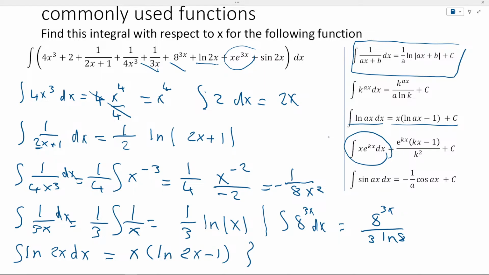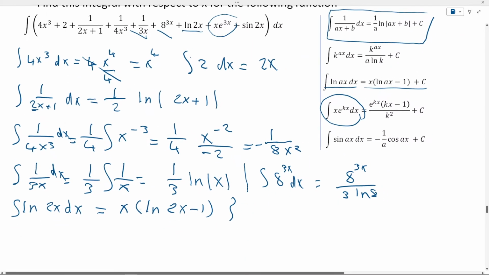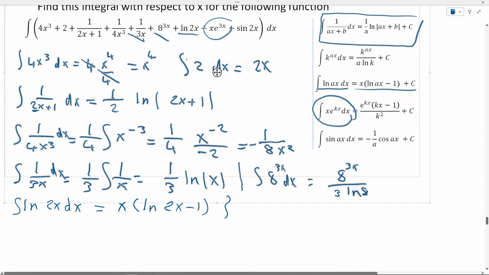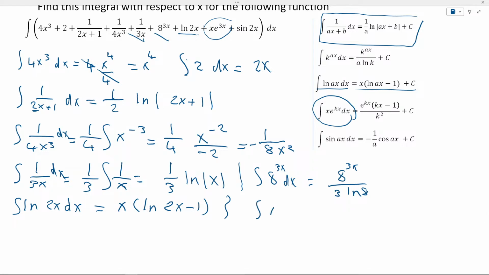Okay, so let's do this a little bit smaller. I can get some space here. Let's do the integral of e to the power 3x dx. That has a rule here.